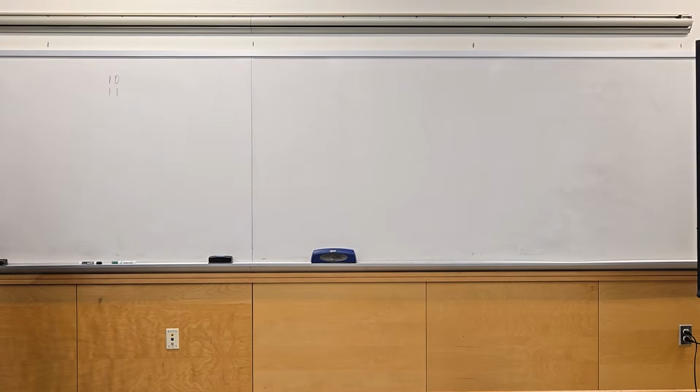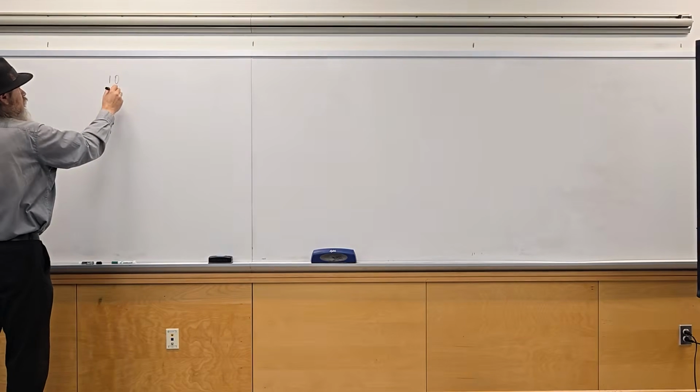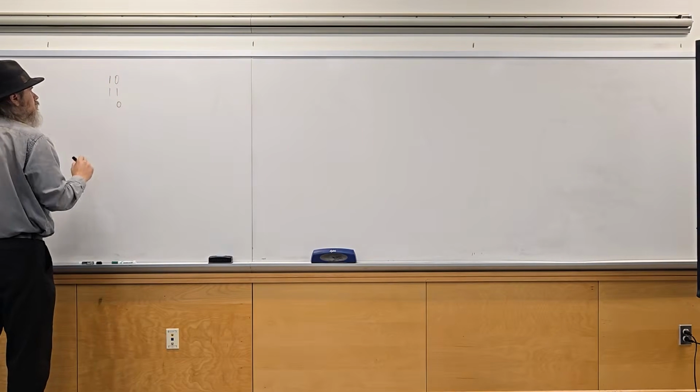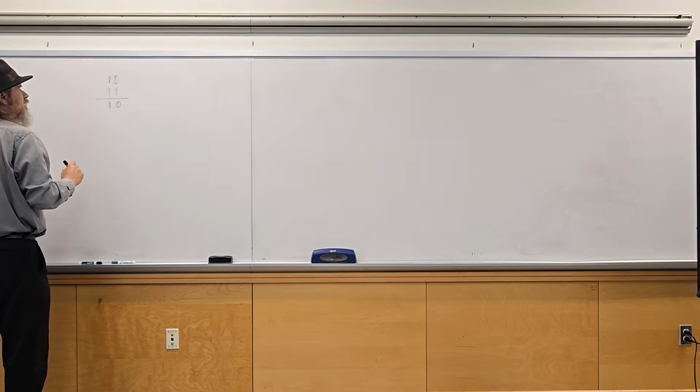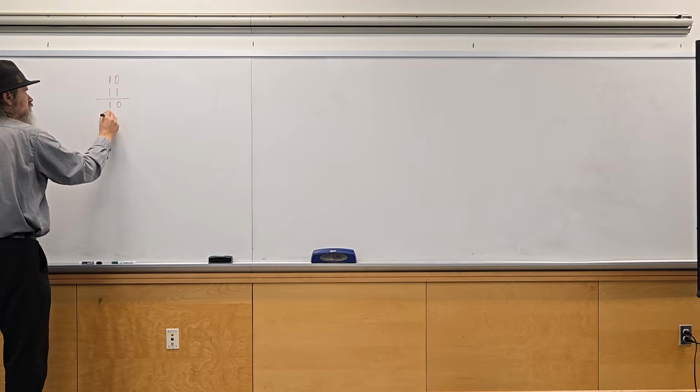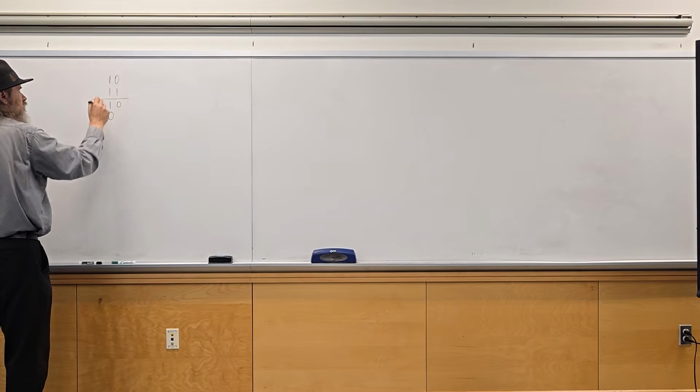Okay. 1 times 0 is 0. 1 times 1 is 1. 1 times 0 is 0. 1 times 1 is 1.